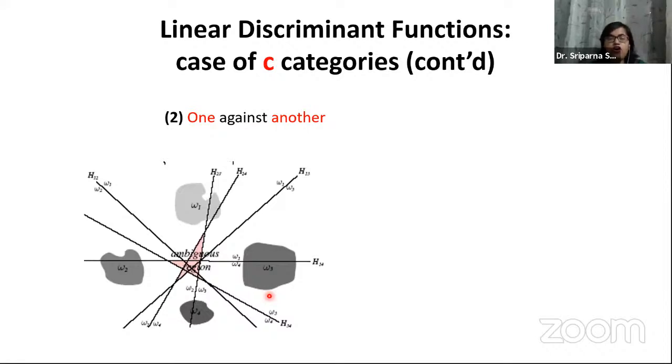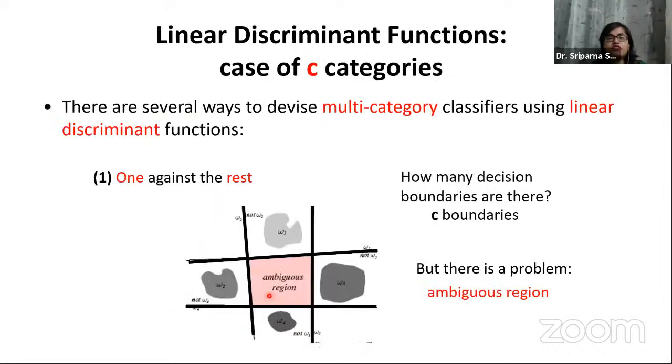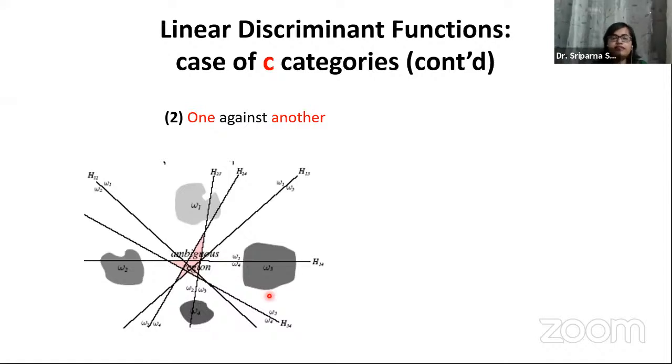The next way of doing this classification for C categories of data is the one against another. That is W1 and W2. Earlier, if it is W1, then if not, it will be not of W1. Now, if it is W1, then it can be W2 in that fashion.